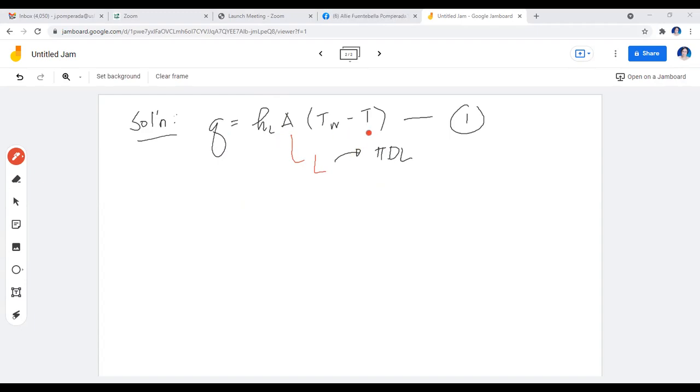Now I'll go to this one. We have defined the T sub W as the wall temperature, and we have defined the T as the bulk fluid temperature. Now, if I will ask you, does the problem give you the wall temperature? Does the problem give you the bulk temperature of the fluid?